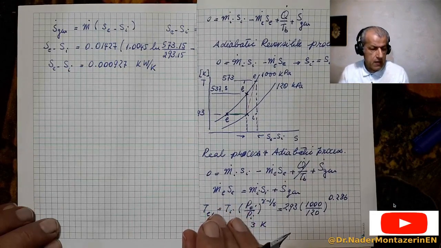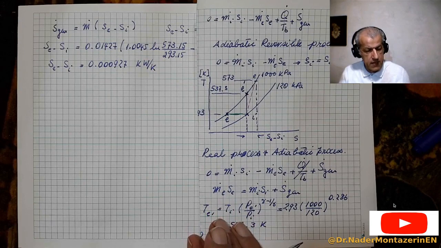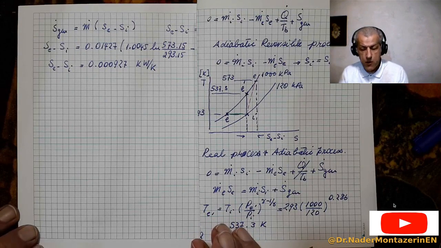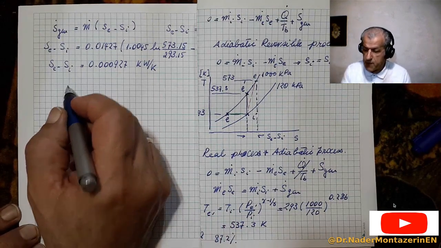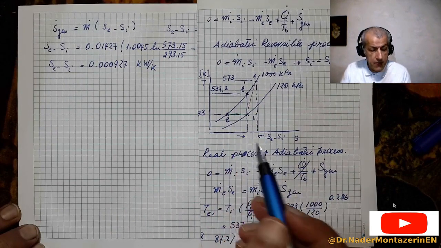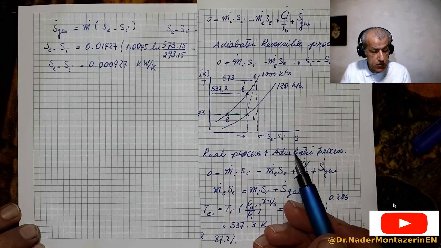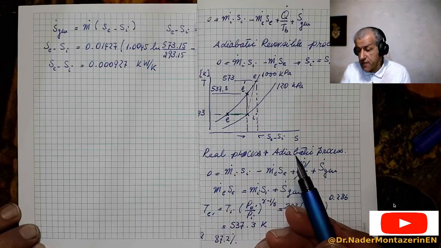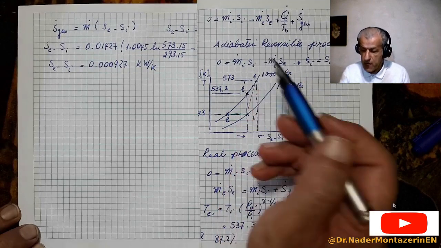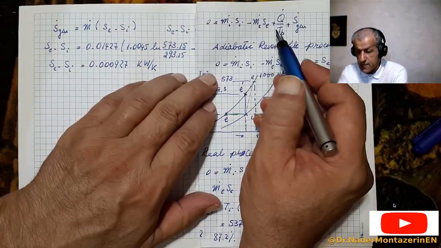The final step that we could take in this problem is to calculate the entropy generation for the isothermal process, which is this process. What happens here? All we should do is to write down the same equation for an isothermal process, and it would look exactly like this.